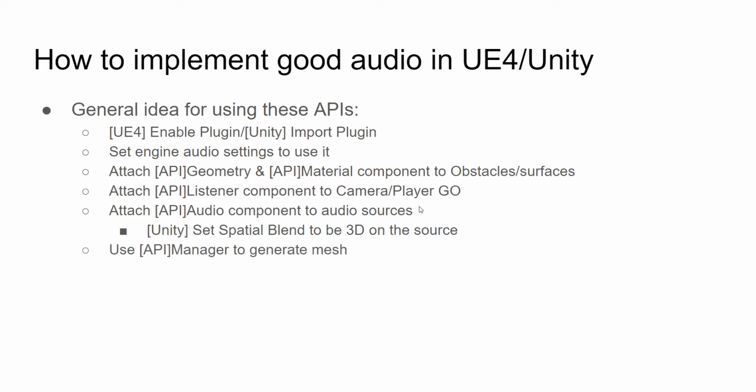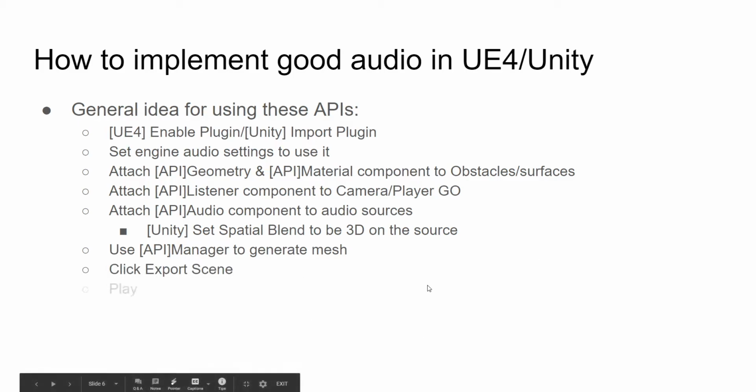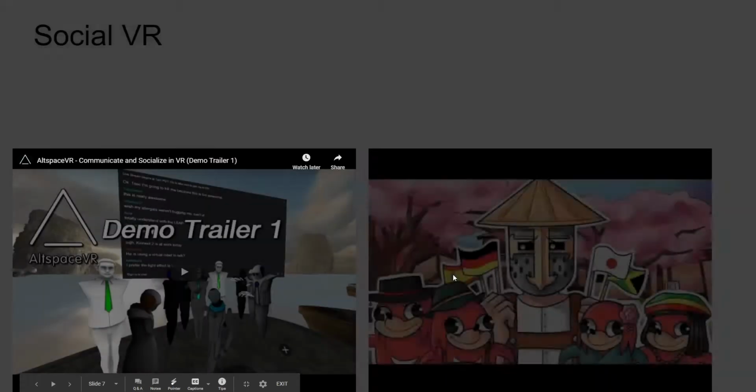By default, it's 2D, so it's not spatialized. There is some manager thing that you would use to generate the meshes so that it essentially bakes all your geometry. Those of you who were in the audio lecture will remember this, otherwise I'll post the video. Then there's some export scene button and it bakes things and then you can play it and it should sound good. And I'll upload the demo.